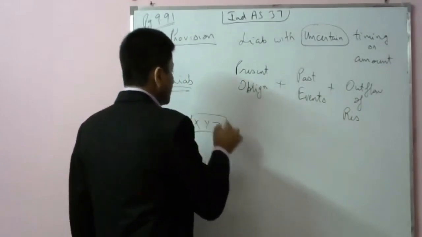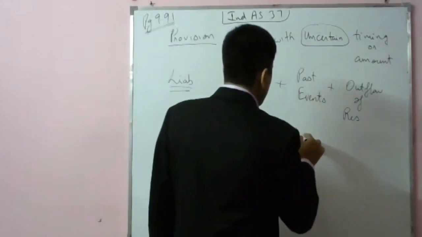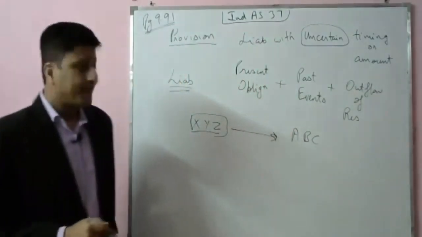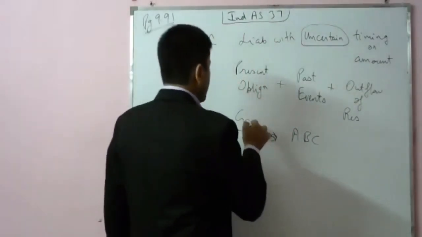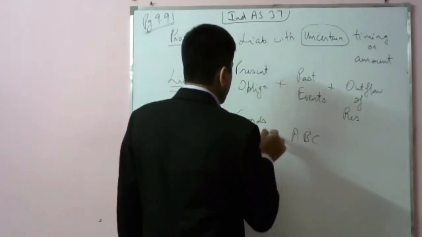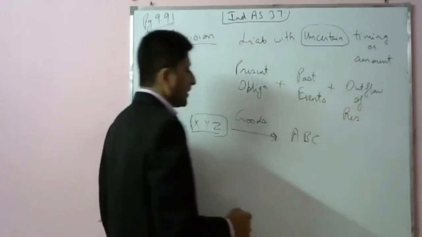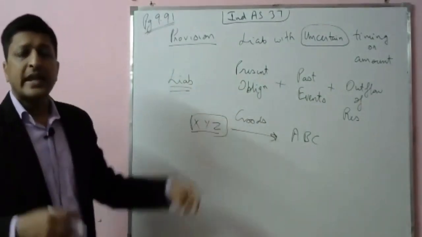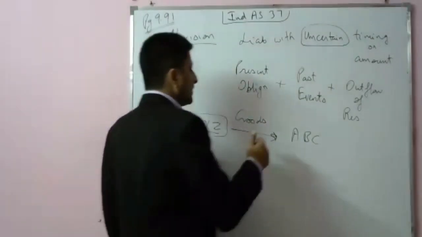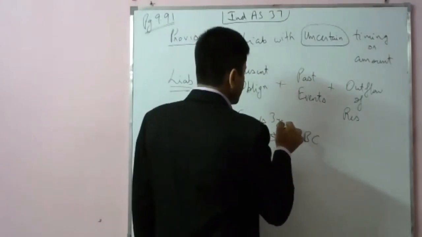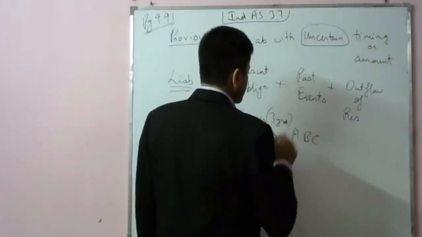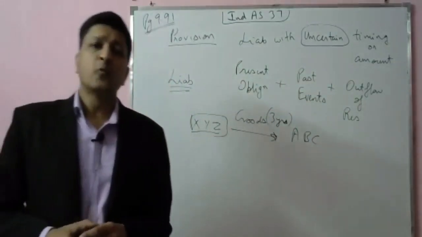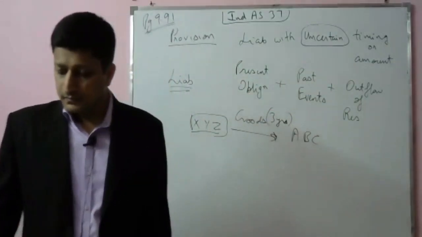Goods are delivered, payment is made. Now these goods carry a warranty period of, say, 3 years.